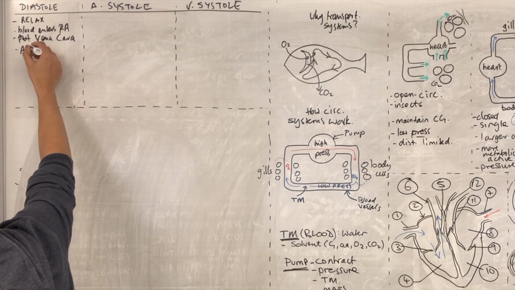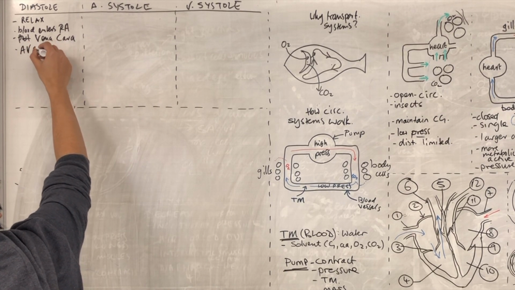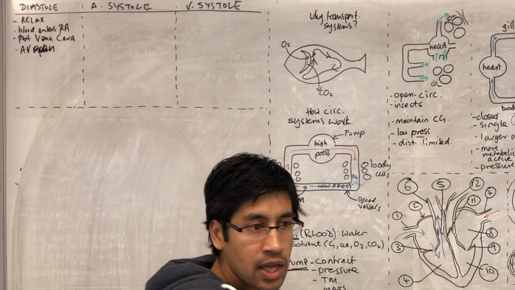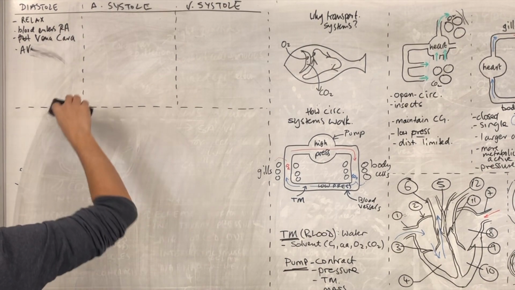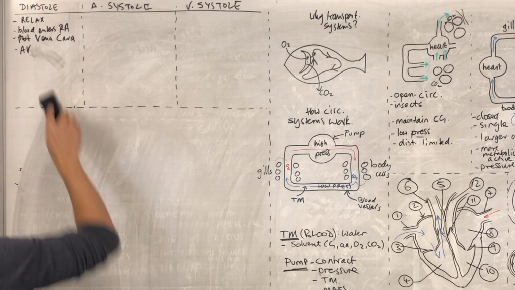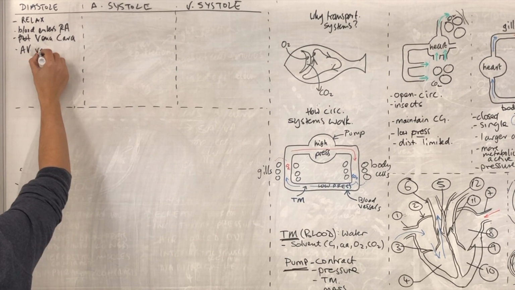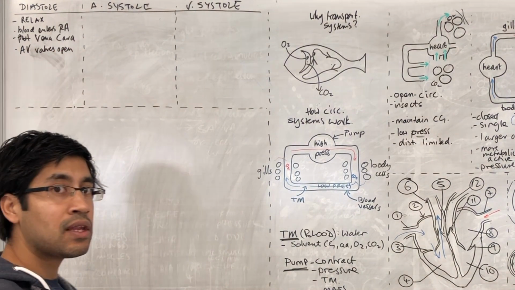AV valves are open. Atrioventricular valves are open on the right and the left side.